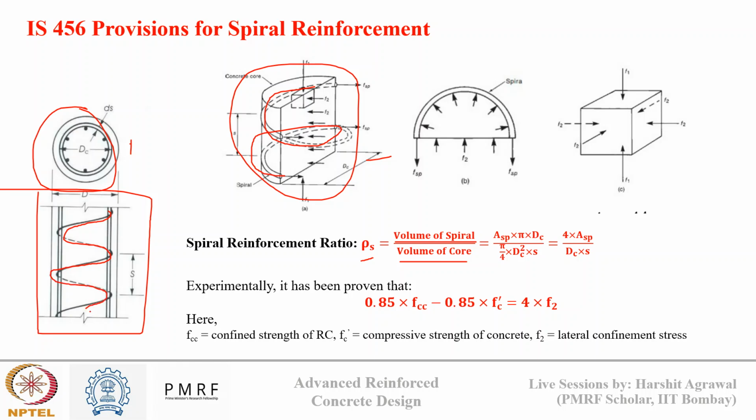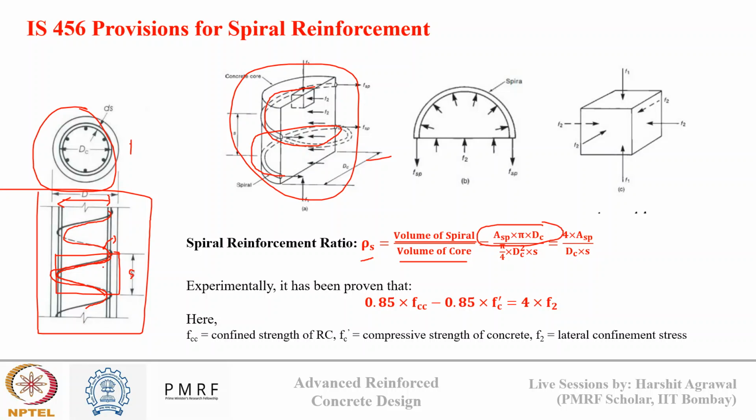The volumetric ratio is the volume of spiral, that is the area of spiral times pi times the diameter of this core, and the volume of core is pi by 4 dc square times s. I am considering this small section of height s, where one single spiral is there.